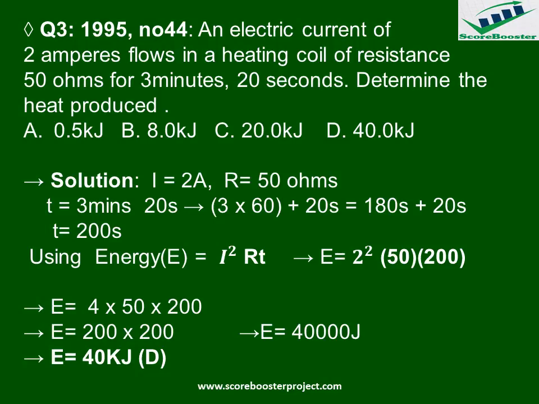So our E will be 2 square is 4 times 50 times 200. That will be 4 times 50 is 200. Then 200 times 200 will give us 40000 joule. So if we convert that to kilojoule by dividing it by 1000, we have 40 kilojoule, making option D the correct answer for this question.